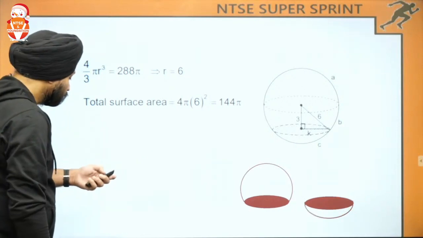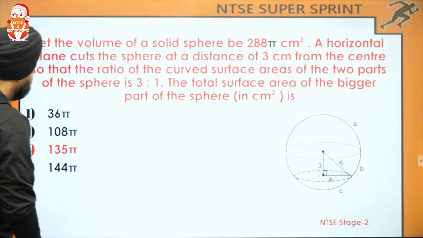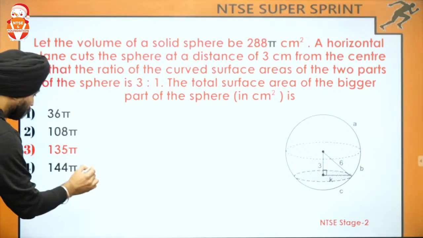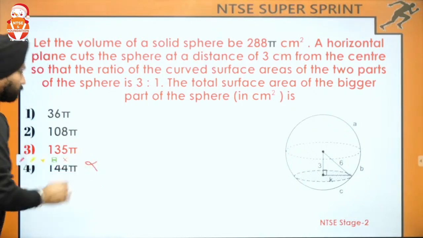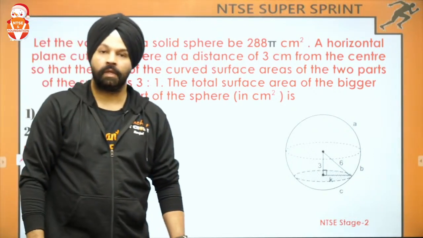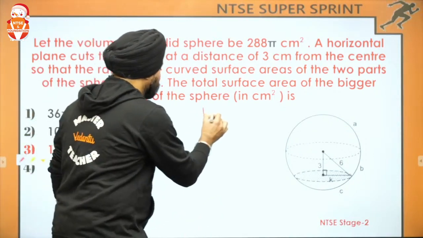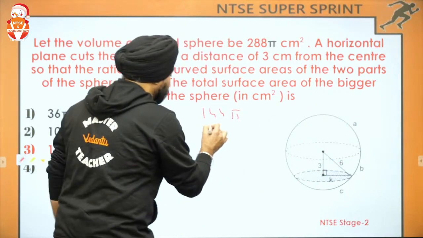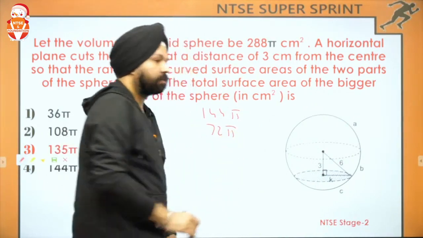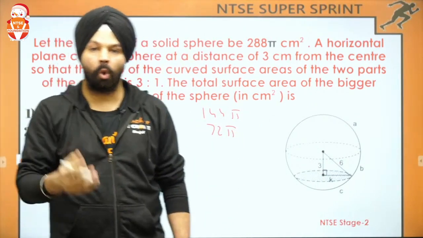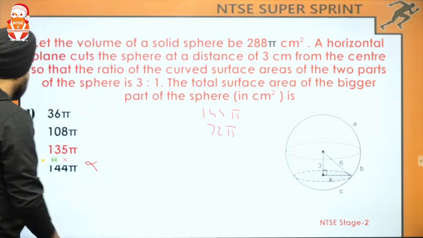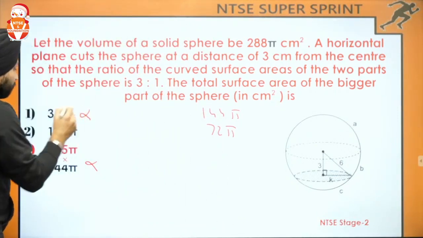So that means this option is not possible. Also, the total surface area is 144 pi. Half of the sphere will be having 72 pi. That means our answer has to be more than 72 pi.